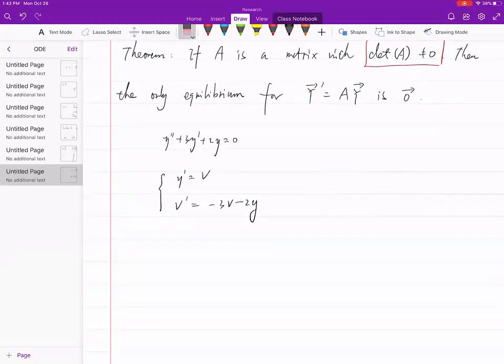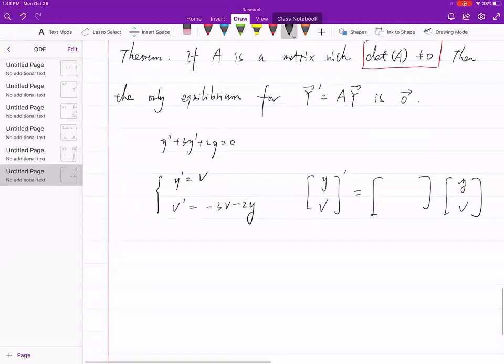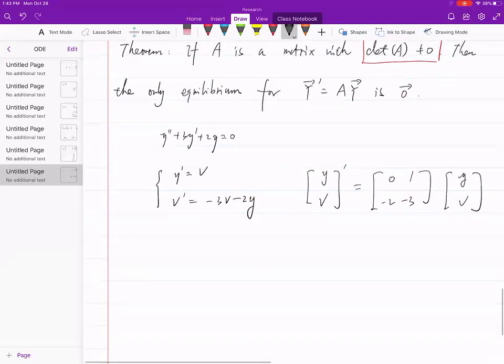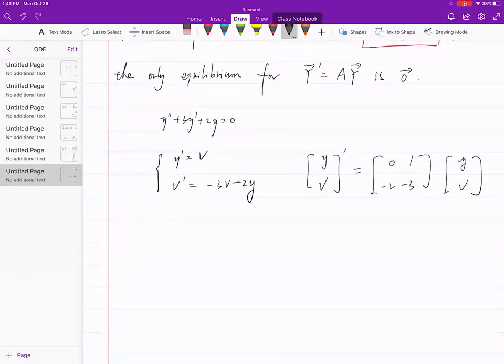Let's write the whole thing down. Y V prime equals Y V. Now 0, 1, -3, -2.